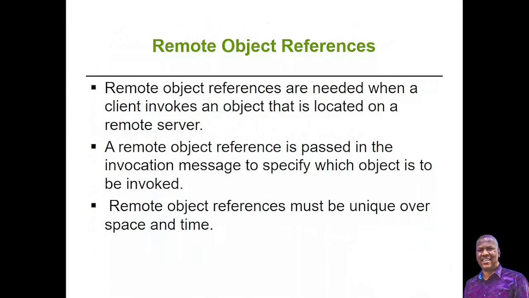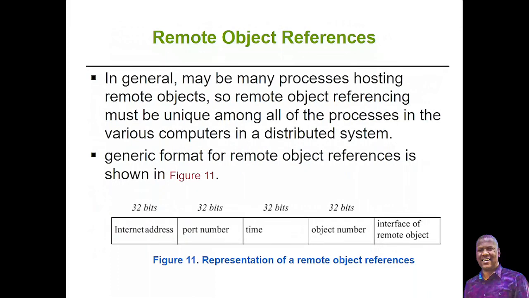Yeah, so we normally have the remote object references that are needed when a client invokes an object that is located on a remote server, as you can see. A remote object reference is passed in the invocation message to specify which object is to be invoked. So this is some kind of arrangement between two objects referring to particular objects, right? As you can see, this is how these remote object references have been implemented.